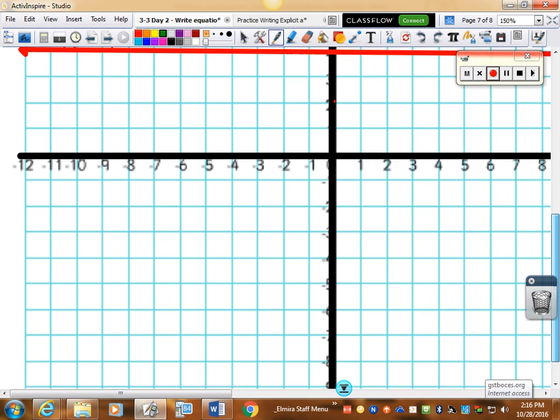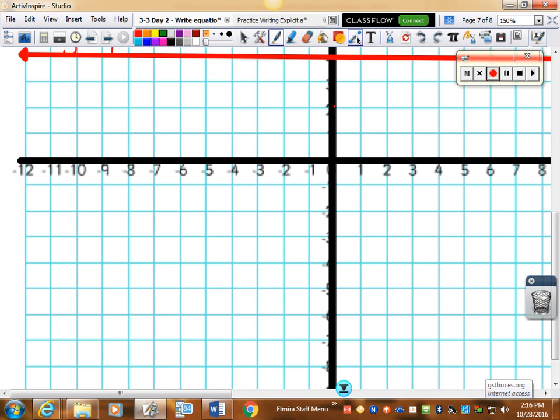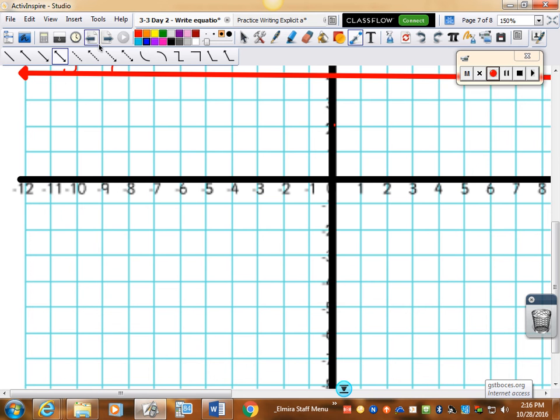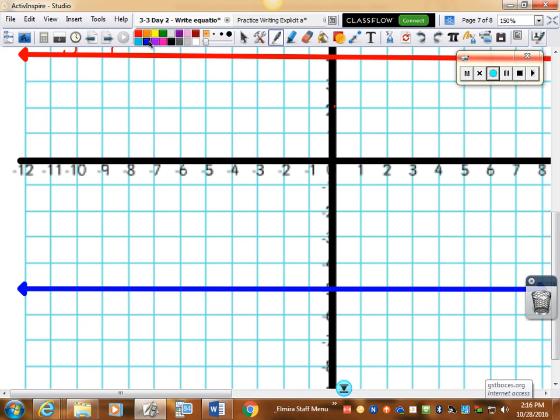If I drew another line down here, it's a horizontal line, so it's just y equals, what number did it cross at? I know you can't see it, but trust me, it's -5. Okay, so that's horizontal lines.